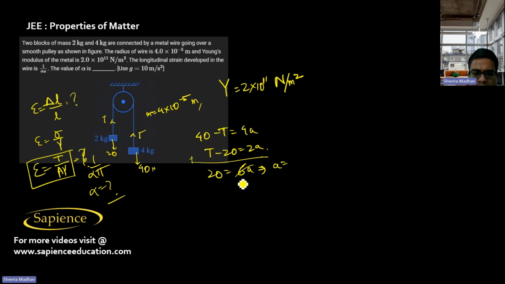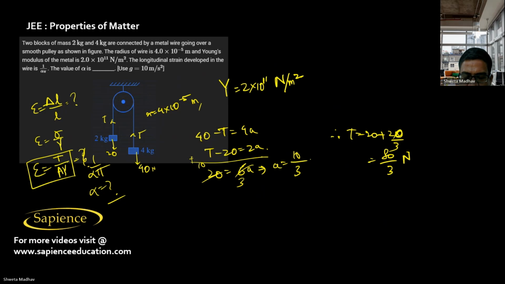So a will be equal to 20 by 6, so acceleration is 10 by 3. Therefore T will be equal to 20 plus 2a, so 20 plus 20 by 3, that is 80 by 3 Newton. The tension force is 80 by 3 Newton.